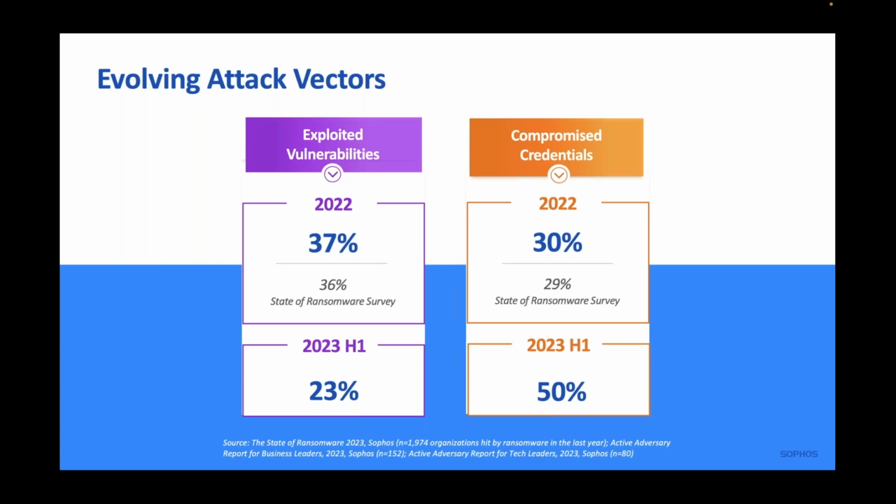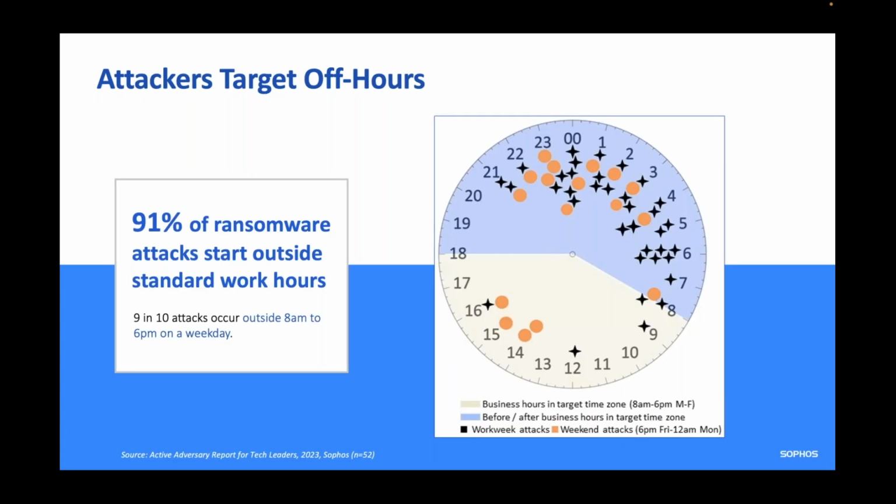And instead what we're seeing is a dramatic rise of the use of compromised credentials, because the cyber criminals know that if they can't brute force into an account, maybe they can just persuade a user to give them their username and password using techniques like social engineering, for example. And then once they've got those credentials, it becomes a lot easier once you're in an organization to start moving around the estate.